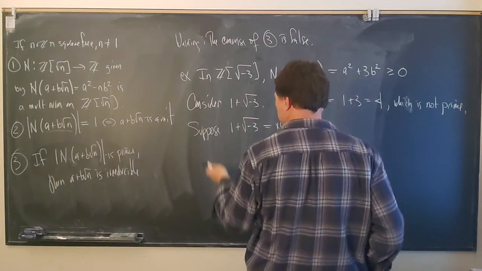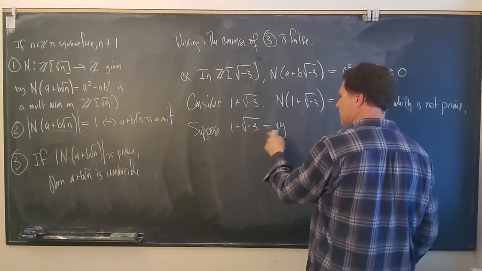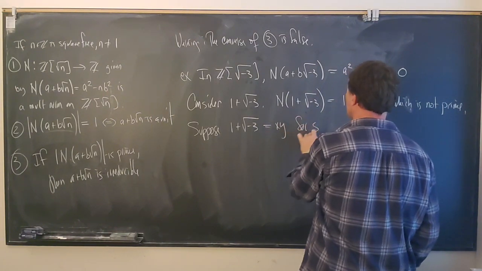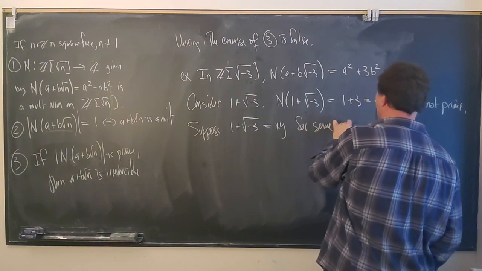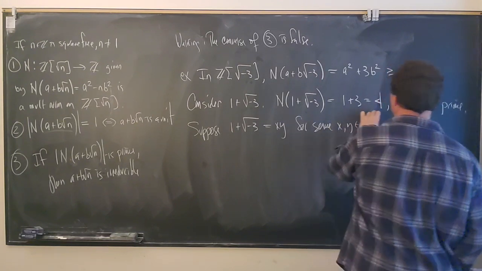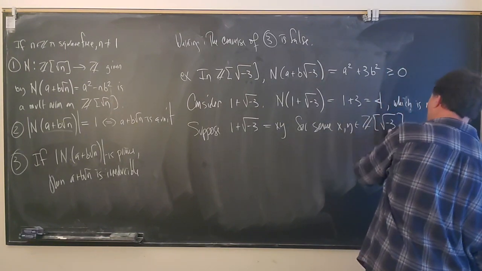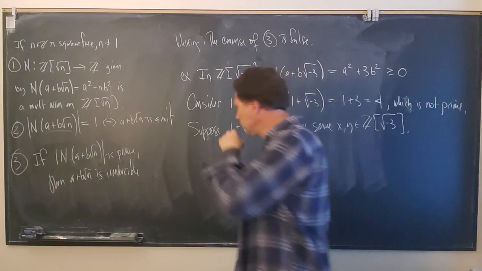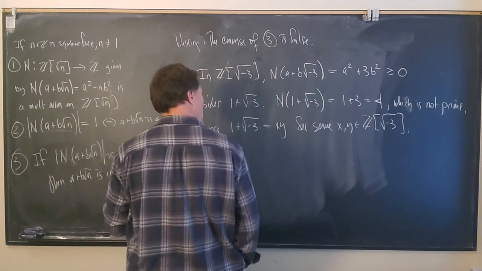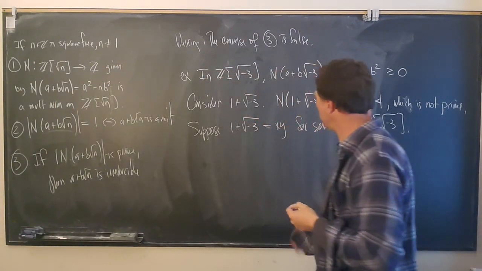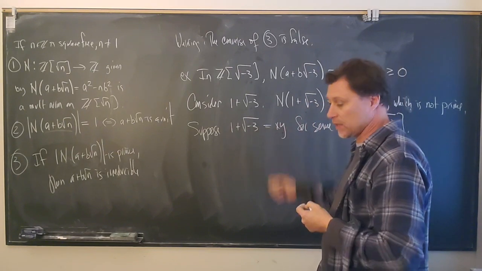So let me finish my sentence here. Suppose this factors, so this equals x times y for some x and y in Z bracket square root minus 3. Now, what would happen if the norm of one of these is equal to 2?